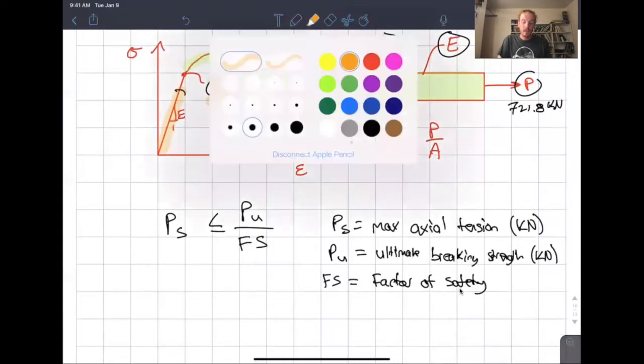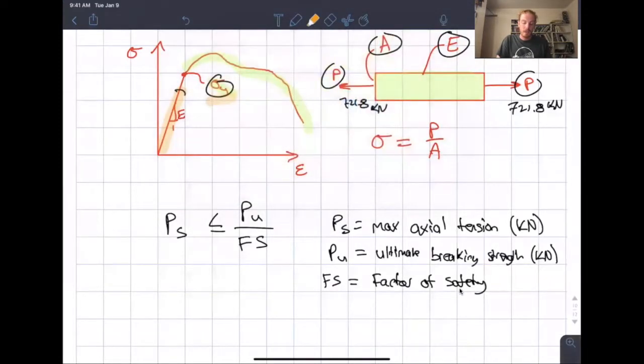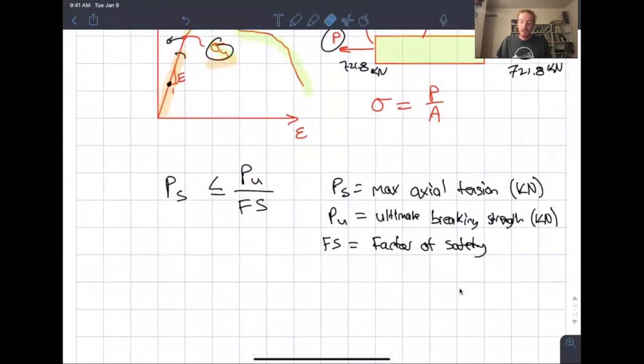We're only going to let ourselves get to maybe a point down here of factor of safety of 2. So we're going to limit the stress that our bridge can see. So that's what a factor of safety is, high level. And the factor of safety that we're going to use for the cables, as specified by the bridge building manual, is 3.0.